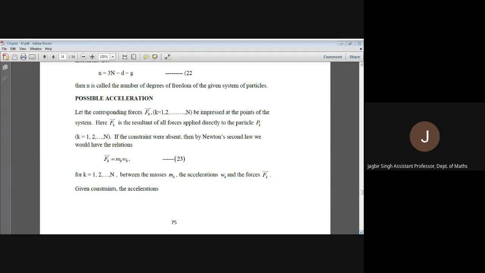According to Newton's second law, Fk, the force on kth particle, will be equal to mass of the kth particle mk, and then acceleration, that is represented as omega k, or we can say wk. Now, yes, this is the exact equation, but this acceleration will not work in the constrained system.